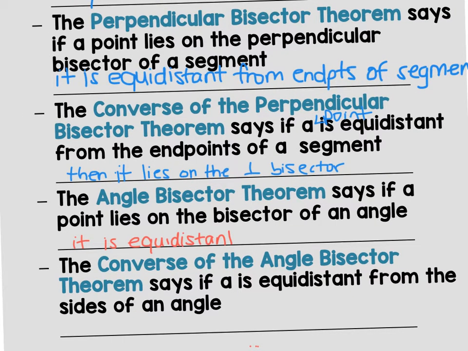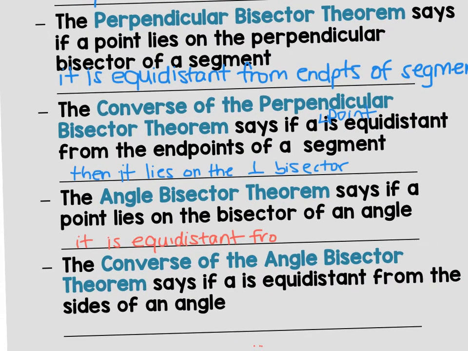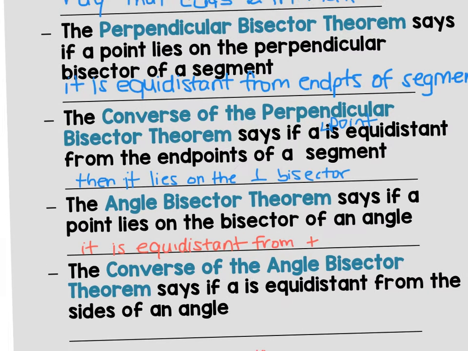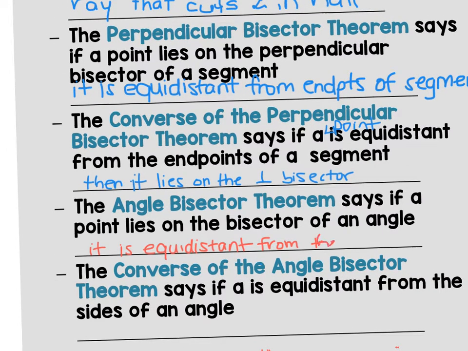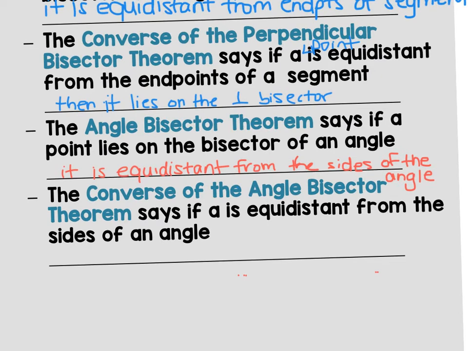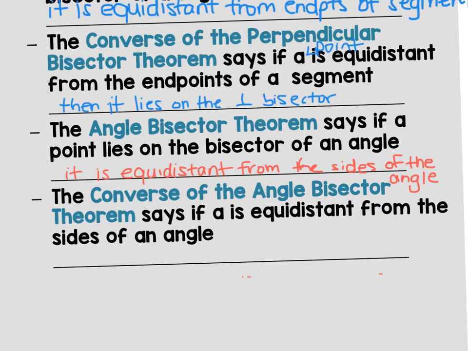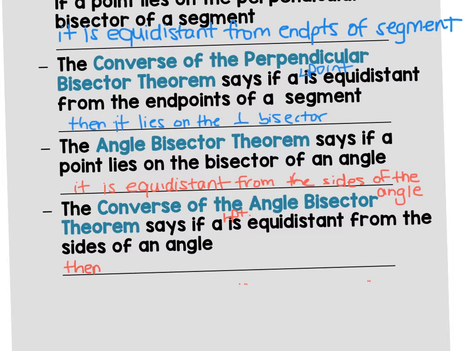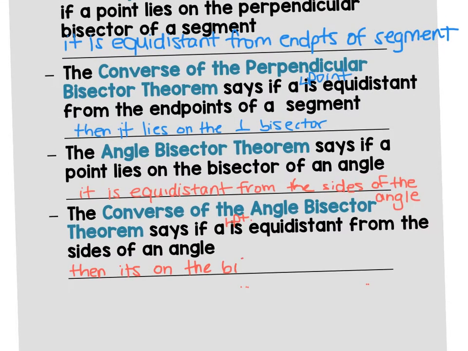From the sides of the angle. Good. And the converse to that says if a point is equidistant from the sides of the angle, then it's on the bisector of the angle.